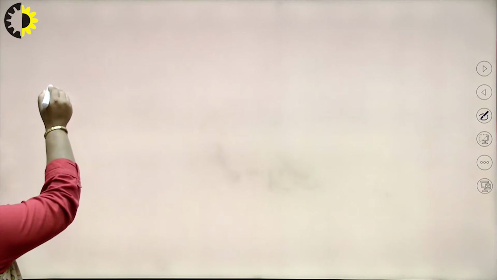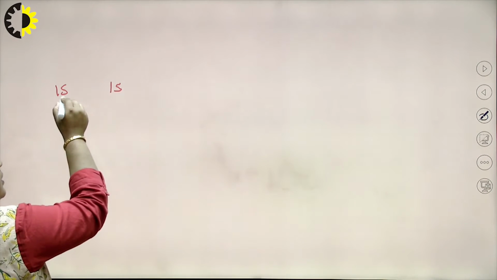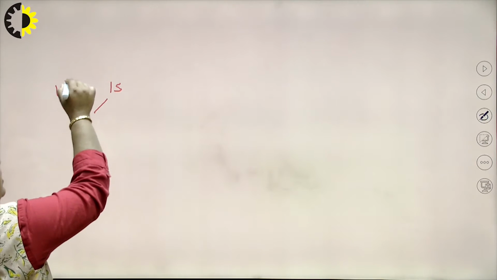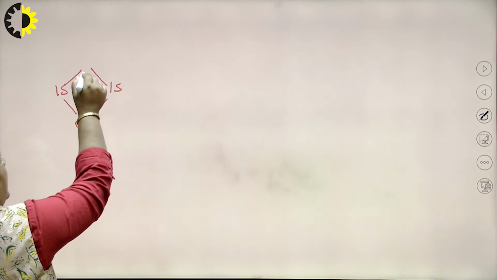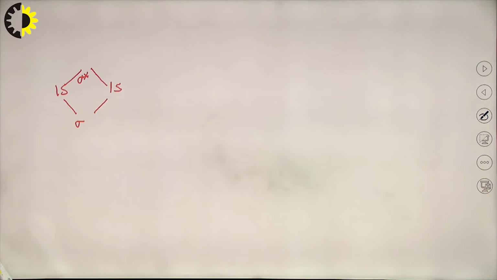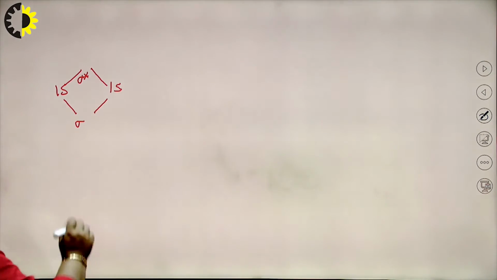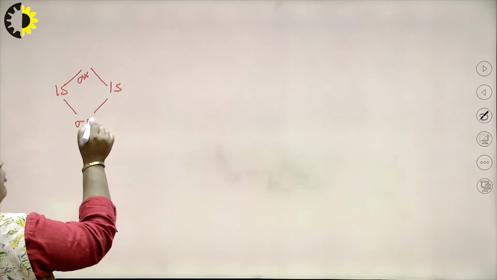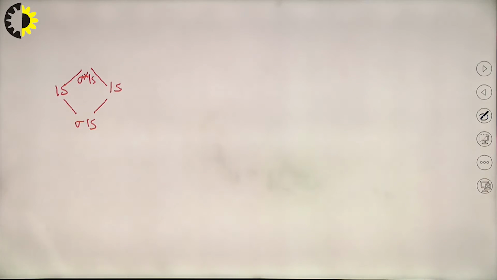When 1s orbitals combine, they form two molecular orbitals, because the number of atomic orbitals must be equal to the number of molecular orbitals formed. Since a sigma bond is formed, one is called sigma and another is called sigma star. Sigma has lower energy and sigma star higher energy, and since 1s atomic orbital is involved, we write sigma 1s and sigma star 1s.